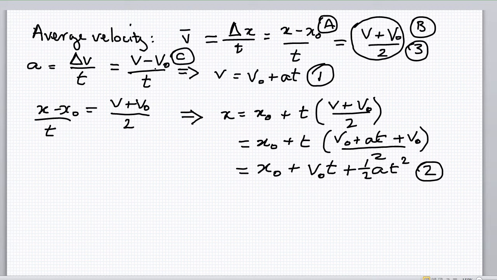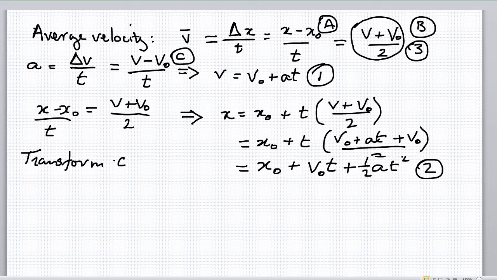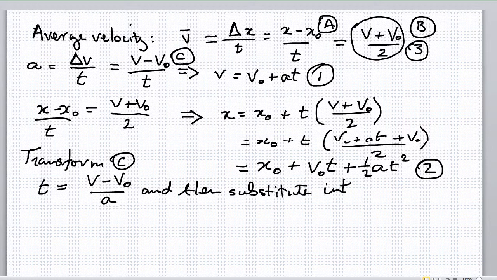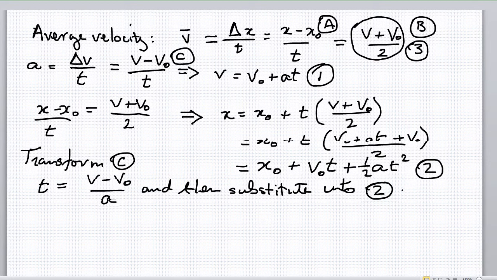I'm going to transform c, and it's going to be t equals v minus v naught over a. And then substitute into equation 2 to eliminate t.